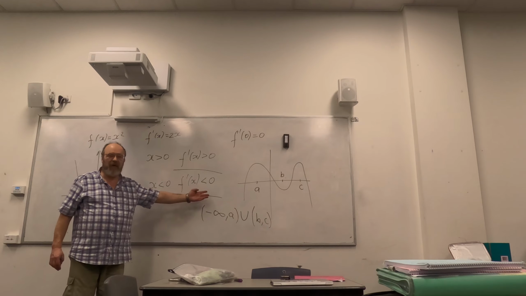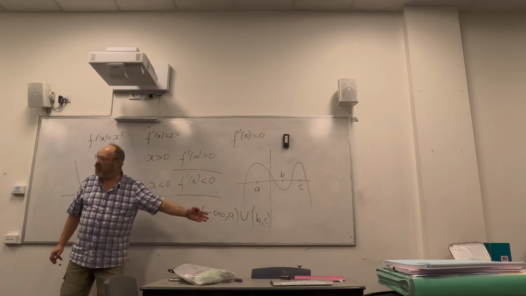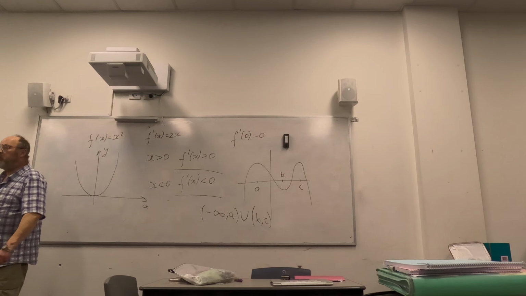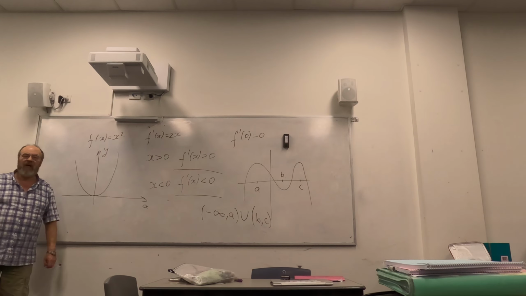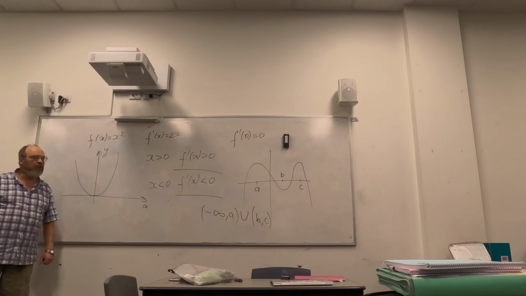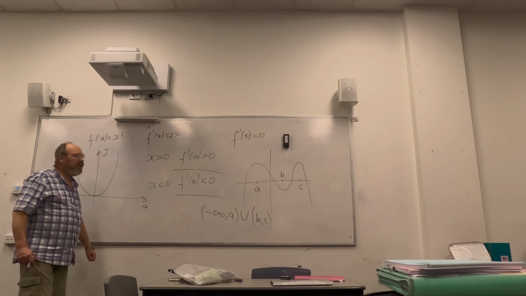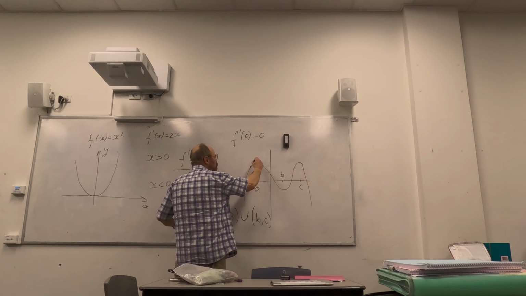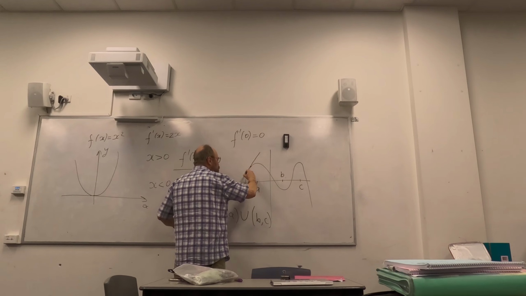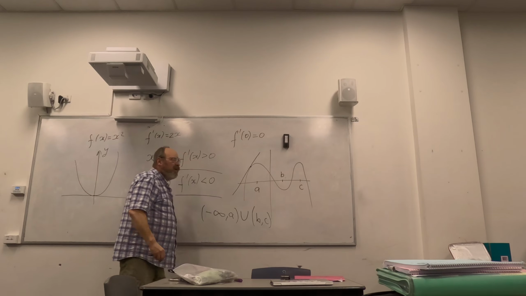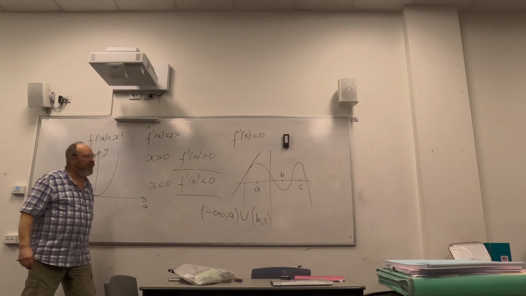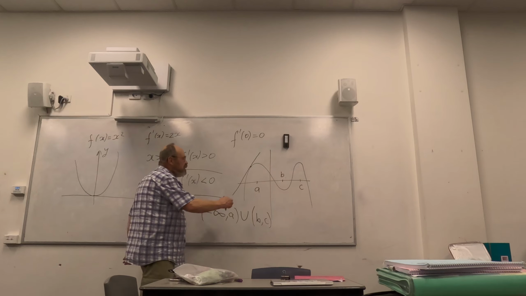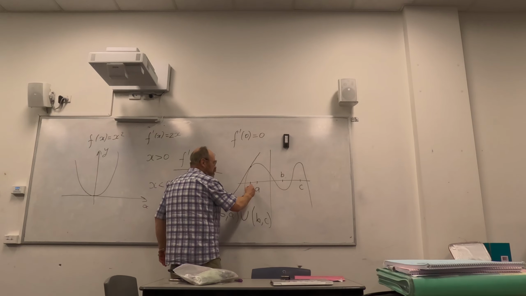And that makes sense if you just look at the graph, you can identify where the derivative is positive, where the derivative is negative. Now, if we sketch a tangent line, let's say at the point x equals d.